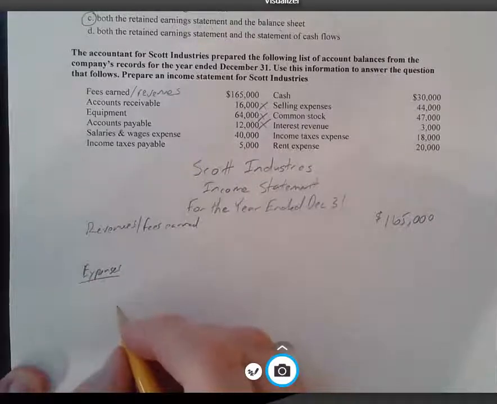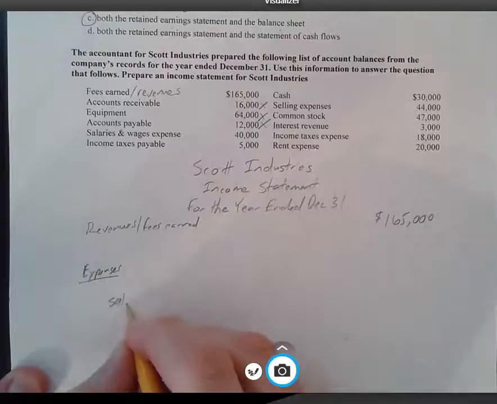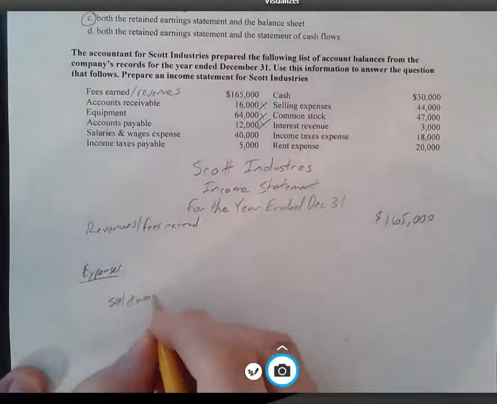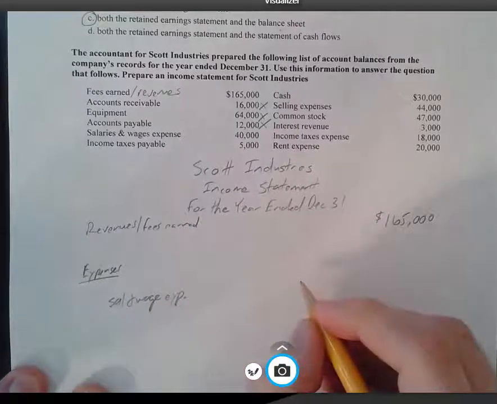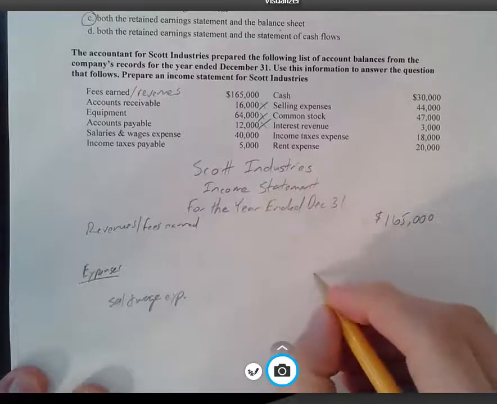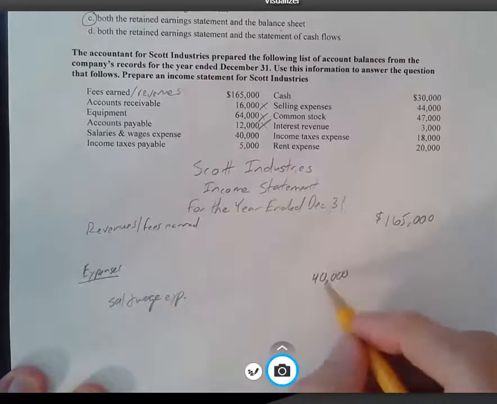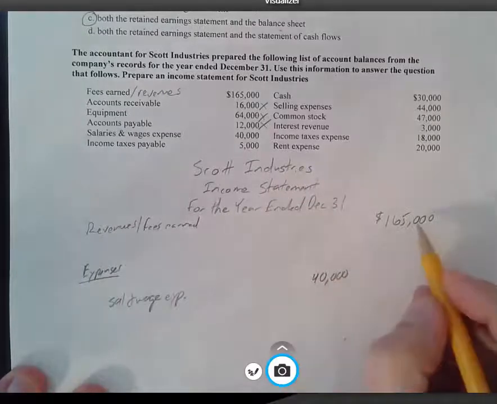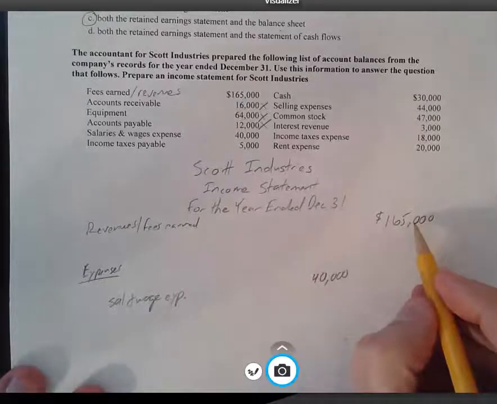And we're going to put salaries, I'm going to abbreviate, and wage expense, and that was how much? 40,000. Now you may notice that I wrote this expense over here to the left of where I wrote the 165,000 for the revenue. There's a reason for that, and we will get to that fairly soon.